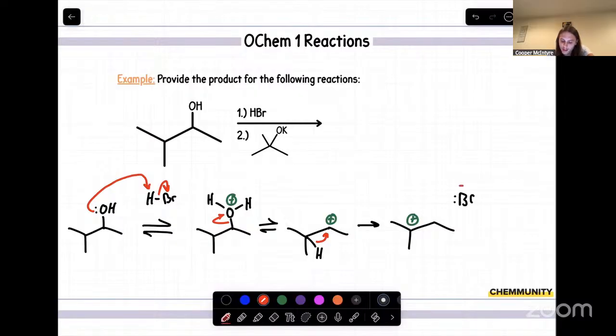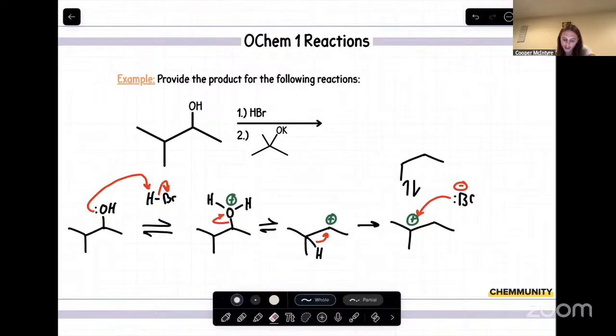Perfect. So since that bromide ion is still floating around in solution, if you will, since we have a carbocation right here, that bromide ion will go through, attack that carbocation, and we'll then get this as a product. We'll make that line look a little nicer.